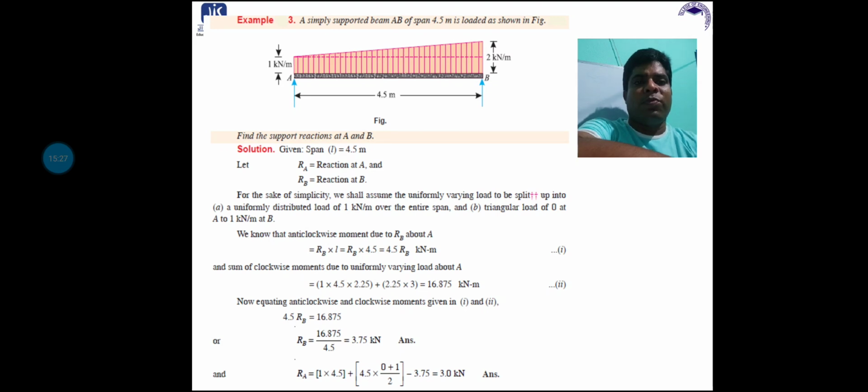Then equate the anticlockwise moment to the clockwise moment, and if we equate both sides we get RB equal to 3.75, so RA is equal to 3 kilonewton. That is the method for the uniformly varying load.